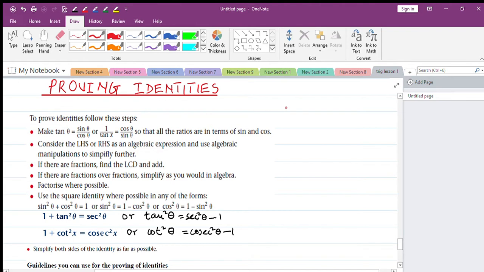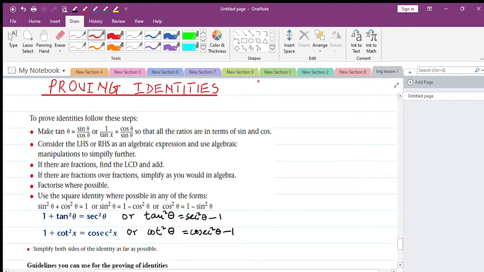I want us to look at the topic: proving identities. What we are doing here is that we are going to be given an equation with a left hand side and a right hand side. All that we are required to do is to simplify either the left hand side until it is equal to the right hand side, or simplify the right hand side until it is equal to the left hand side.